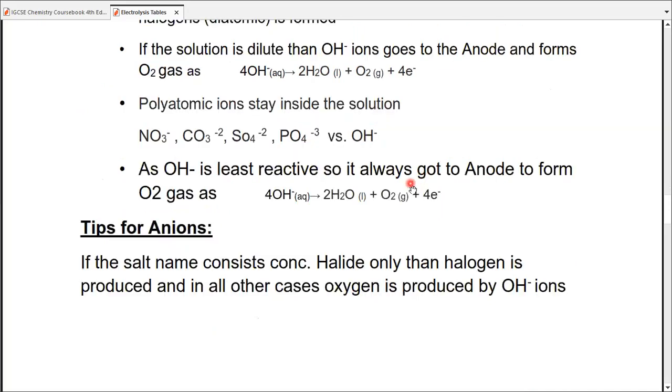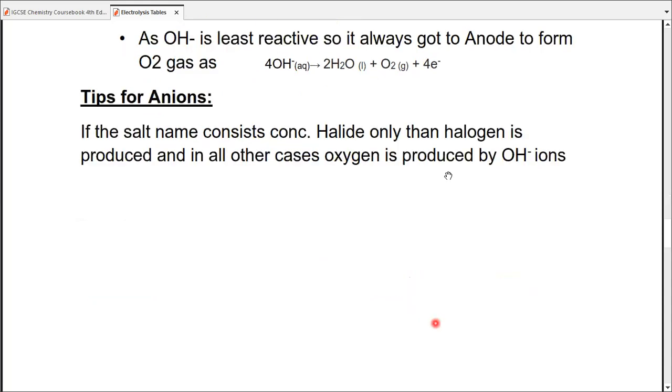So if I summarize both cations and anions, only in the case if the cation is copper, silver, gold, or platinum, something else would be produced other than hydrogen. In all other cases, hydrogen is produced. In case of anions, only when the case is a salt with a concentrated halide solution is a halogen produced at anode. Otherwise, it's oxygen every single time produced at anode.